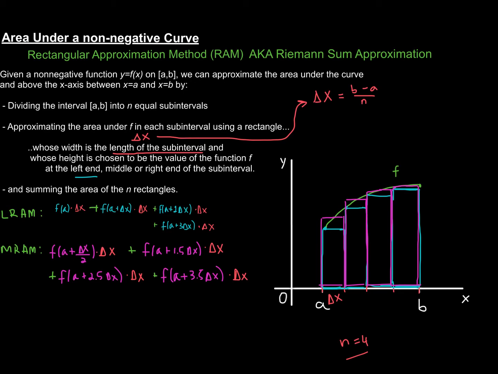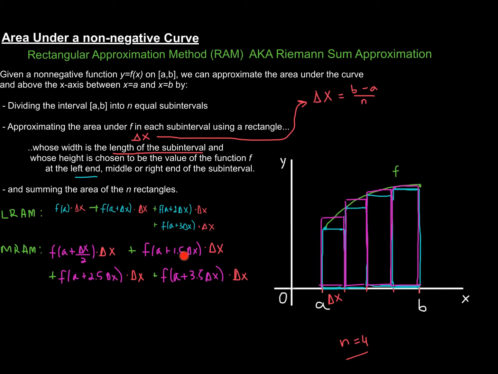For this midpoint here, we're looking at the height of each rectangle as the value of my curve in the middle of each subinterval. So that first subinterval will be a plus a half of delta x, or delta x over 2. The second rectangle will have a height determined by the midpoint of this second interval, which will be a plus 1 delta x and then plus another half to get to the midpoint.